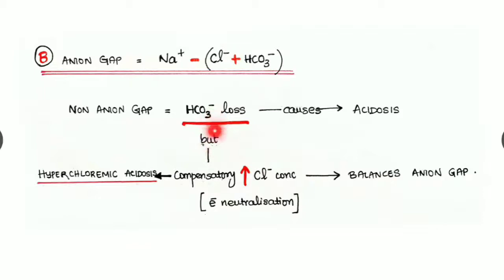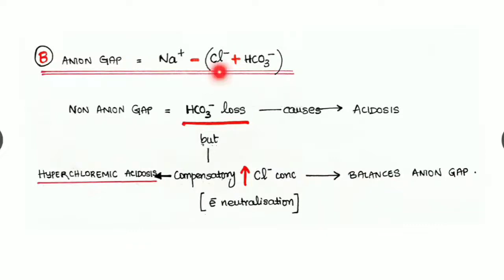But this bicarbonate loss is associated with a compensatory increase in the chloride concentration. This is for electrical neutralization, to balance the charge. So this chloride ion increases along with the bicarbonate loss.